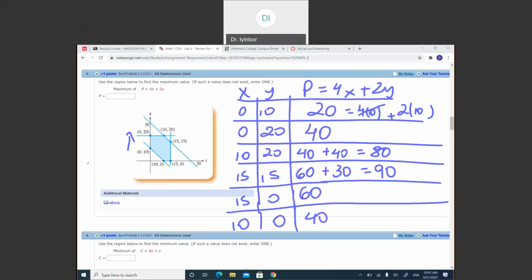So now looking at all these numbers in the last column, 20, 40, oops, sorry, 80, 90, 60, and 40. Which one is the biggest one? The biggest one obviously is 90, so that's my maximum. So that's what you put there, 90.